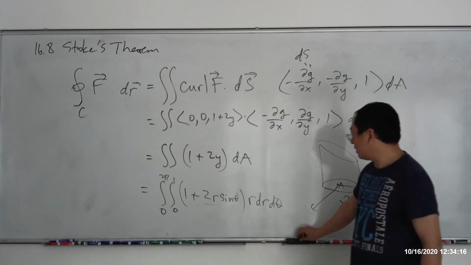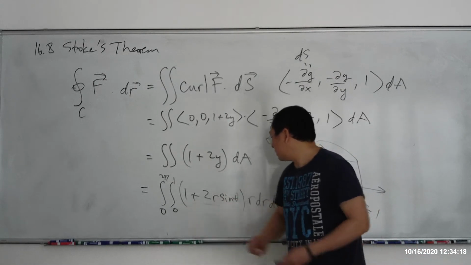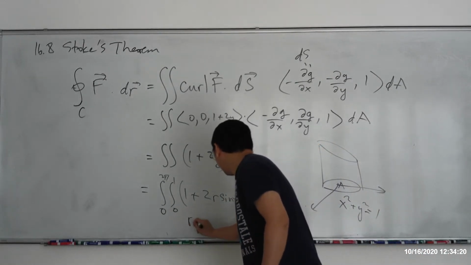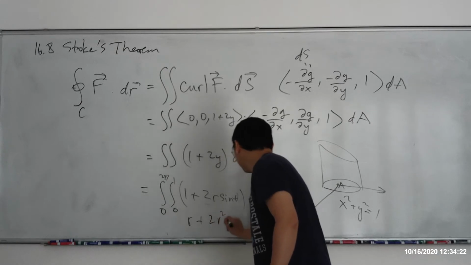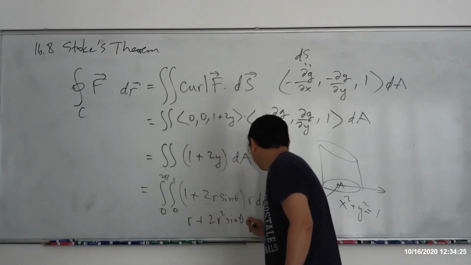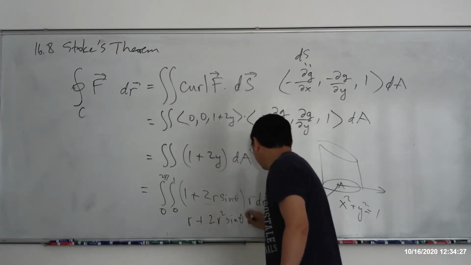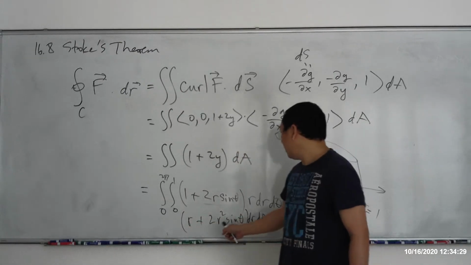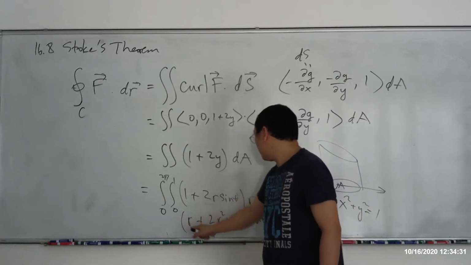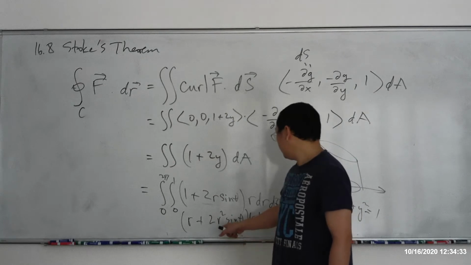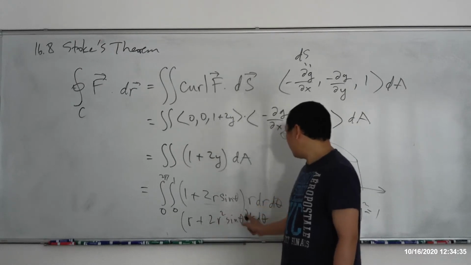Make sure that you guys can do this one. Distribute it, so this is r plus 2r squared sine theta dr d theta, and do dr first. So r becomes 1/2 r squared, and this is 2/3 r cubed sine theta.